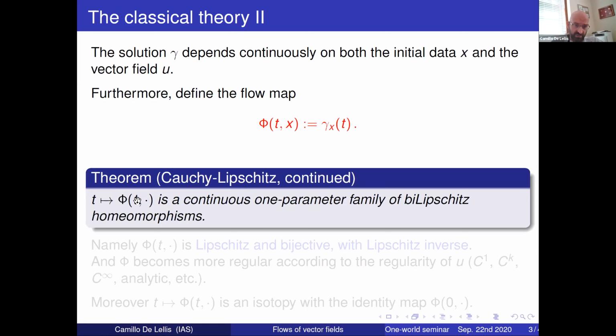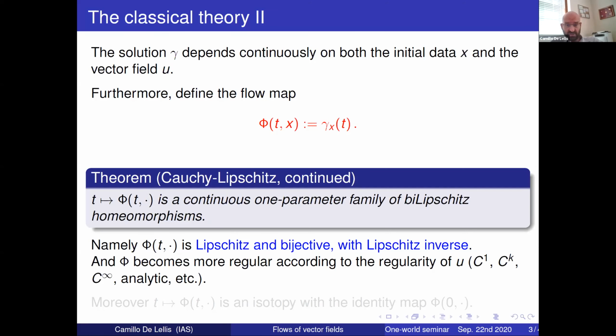For each time t, I can consider phi as a map of space into space, and it's Lipschitz and has a Lipschitz inverse. In fact, it's even much better: it's going to be C1, Ck, C infinity, analytic, depending on the regularity of your U. It essentially inherits the regularity of U. It's also relevant for us that it's really an isotopy, meaning that this one-parameter family of diffeomorphisms is continuous in the time t, and at the initial time is just the identity map.